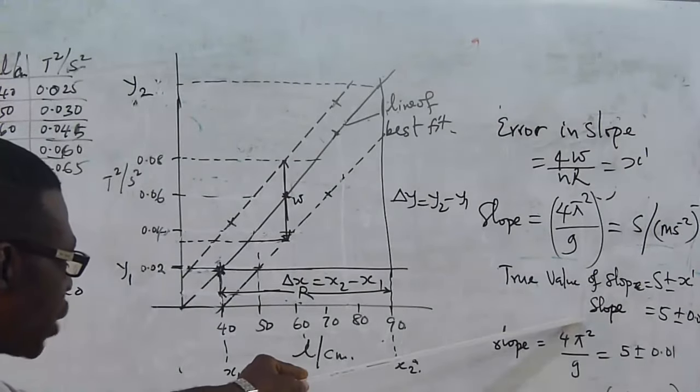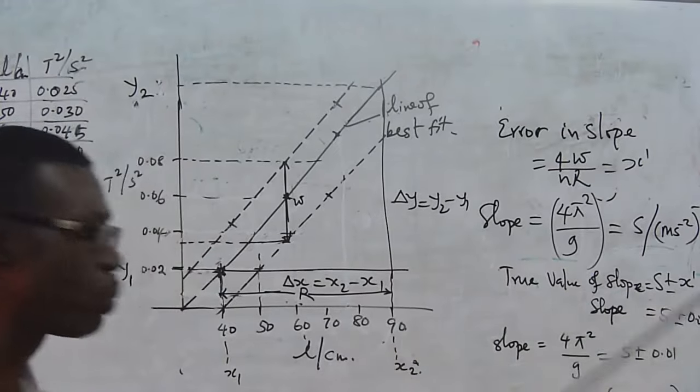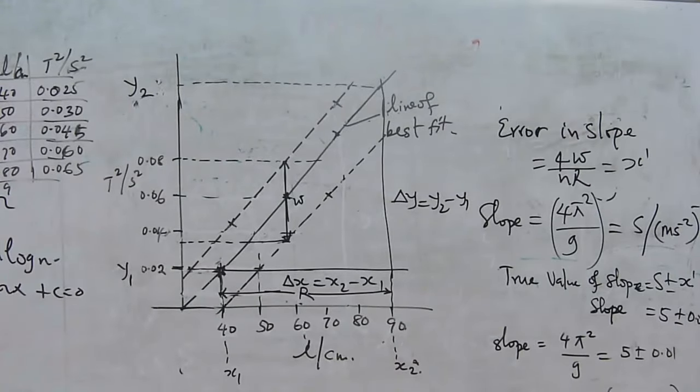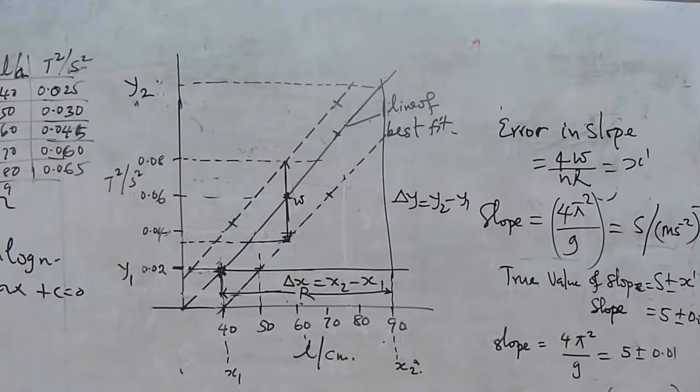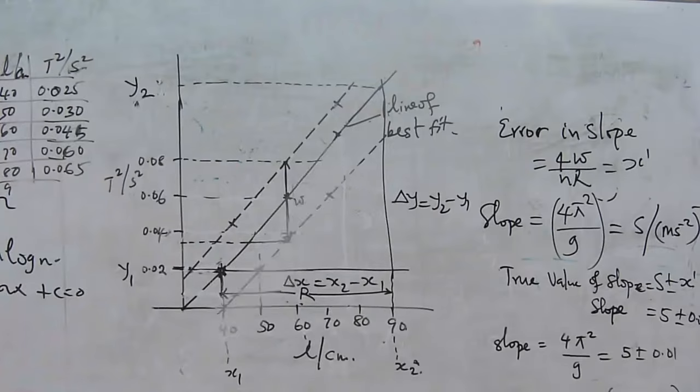So the true value of my slope will be something like this. Assuming that x prime is 0.01, it means that my slope is 5, and the range of my slope is between 5 minus 0.01 and 5 plus 0.01.